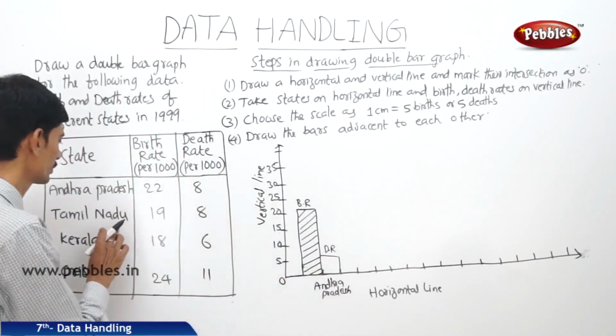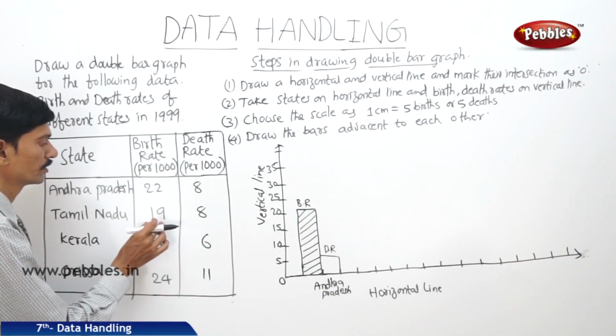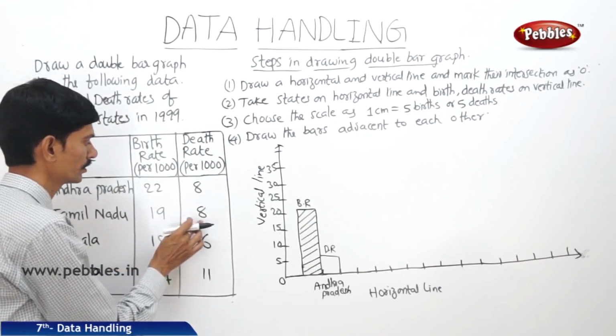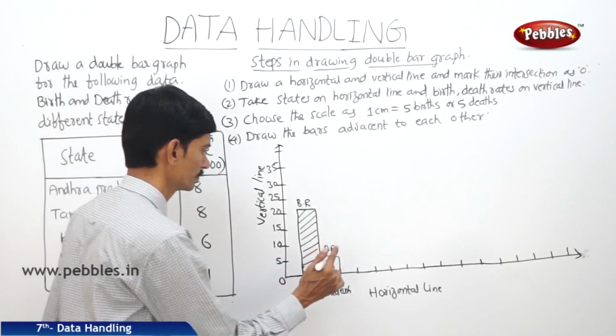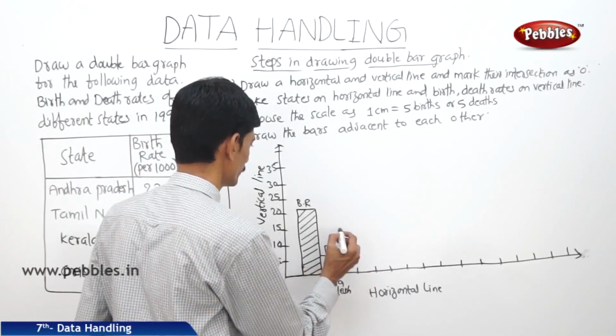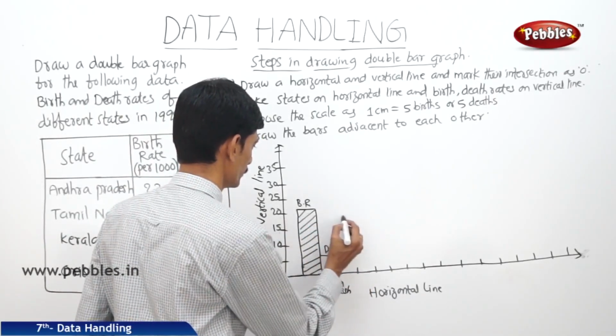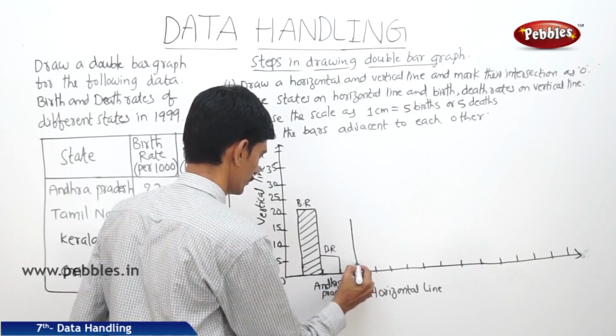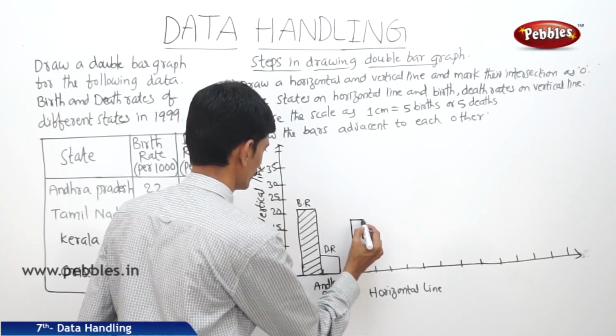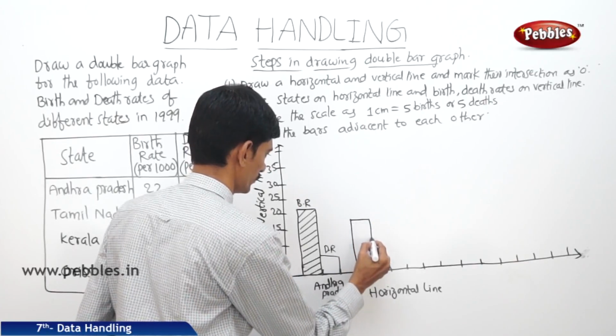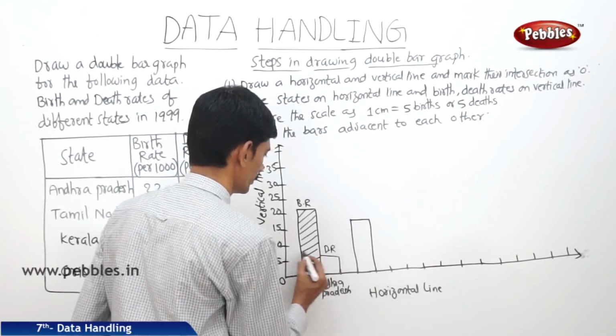And the next state, Tamil Nadu: the birth rate is 19 and the death rate is 8. So Tamil Nadu, and death rate is 8.